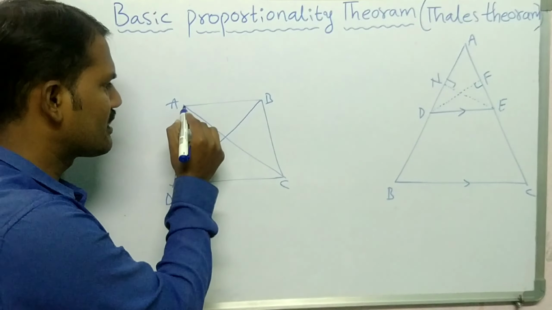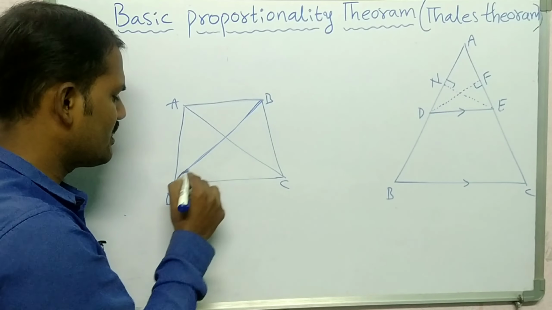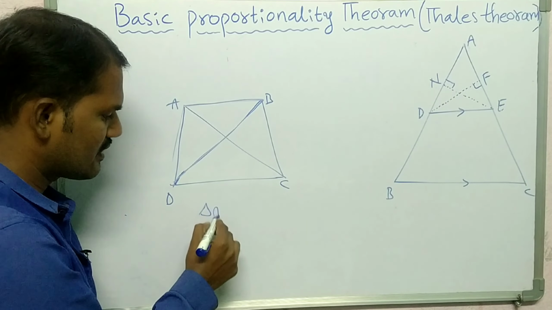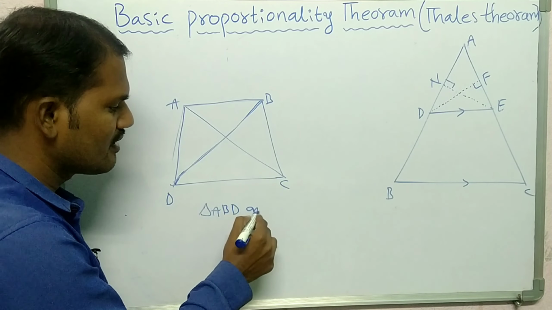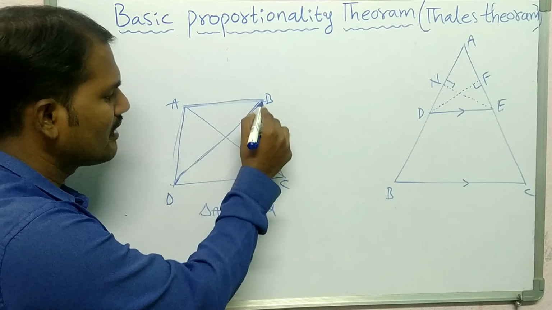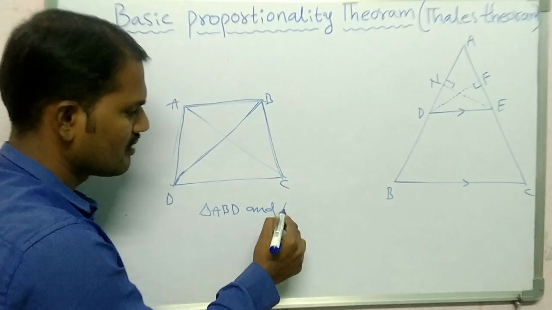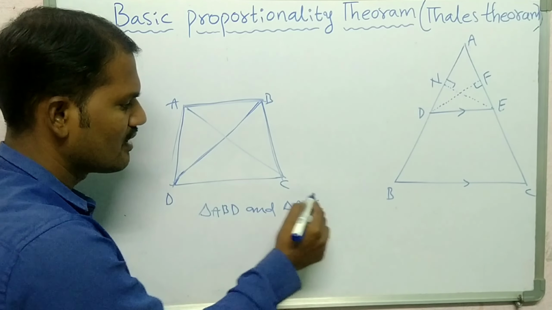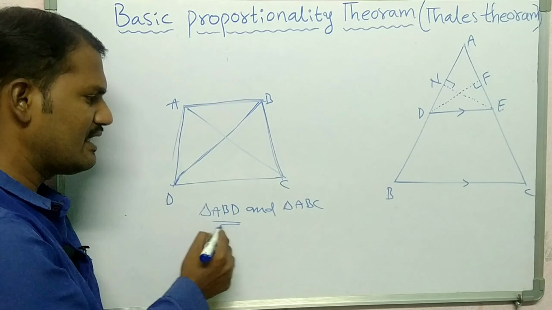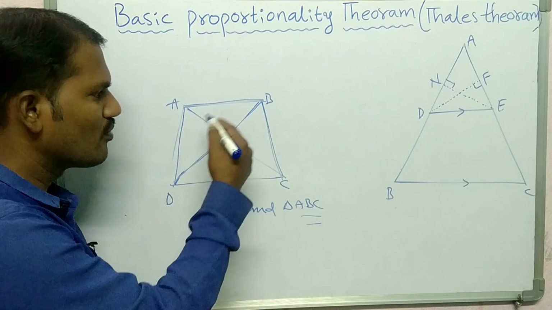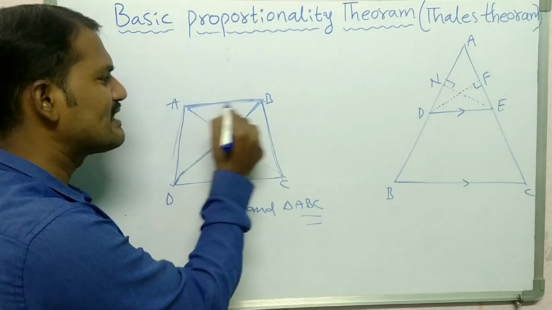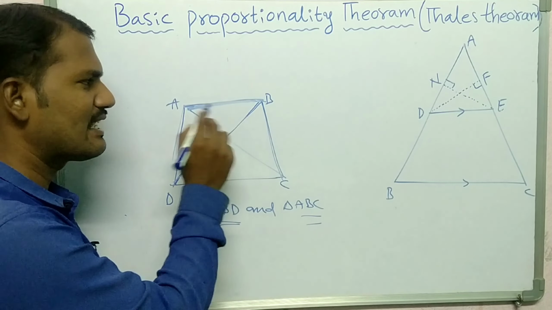So here, triangle ABD and triangle ABC. Both triangles are on the same base. Same base, what is that?